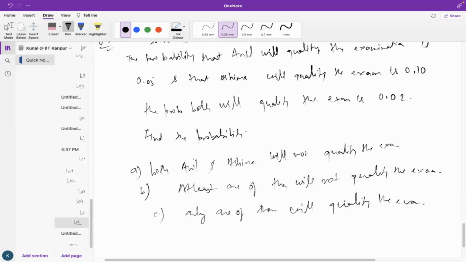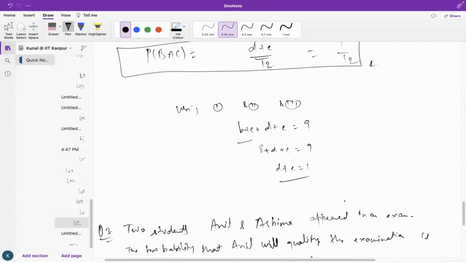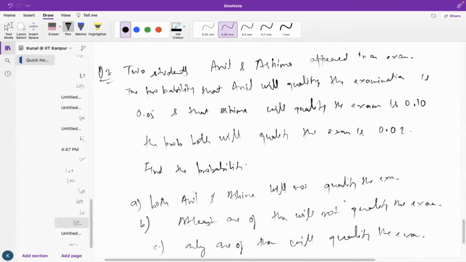So look at here. You can't make a Venn diagram here. Why? Because कल की क्लास में मैंने इसी बात पे डिस्कस करी थी, because it is not a mutually exclusive case or mutually exhaustive case. Both Anil and Asima are independent students and they were giving their paper at their own risk.